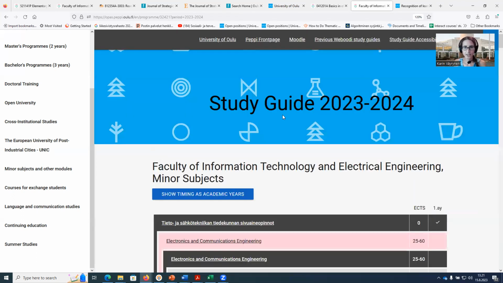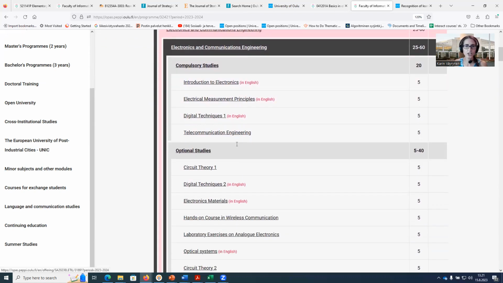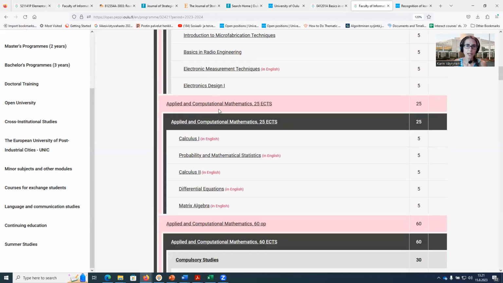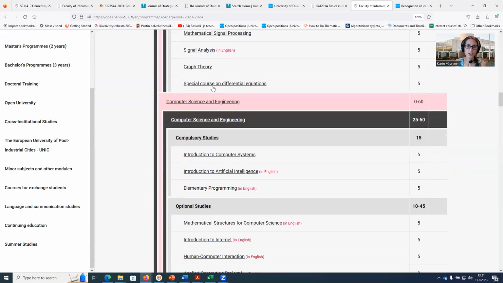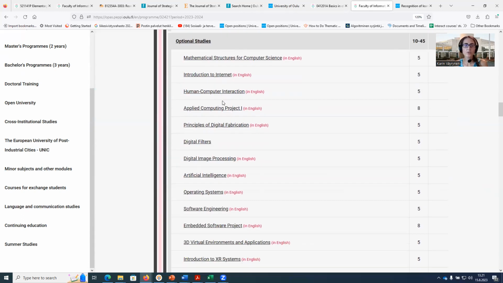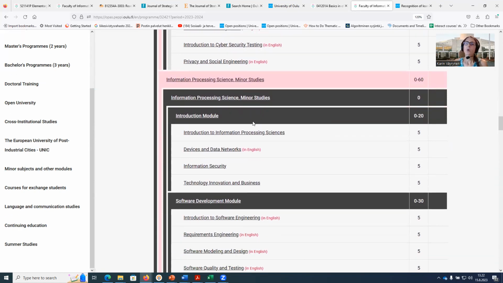So if we click here, once again, we see what the different minor subjects are. There are electronics and communications engineering, applied and computational mathematics, longer program of applied and computational mathematics, computer science and engineering, which is what our students often have taken courses from, information processing science, which are our own bachelor studies.